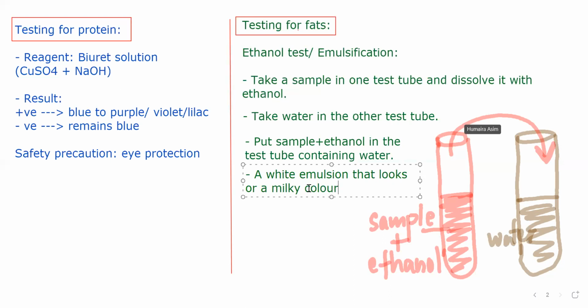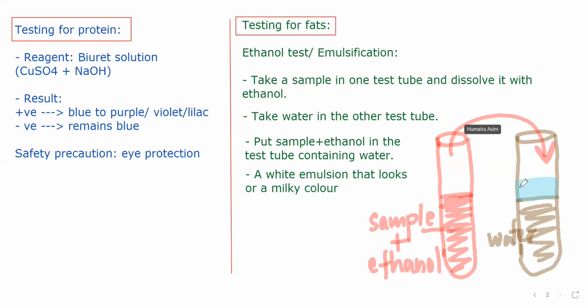And this is going to be a positive test. I should use a different color. This one. So once you put it here, you will see this white emulsion, since it does not dissolve, right?